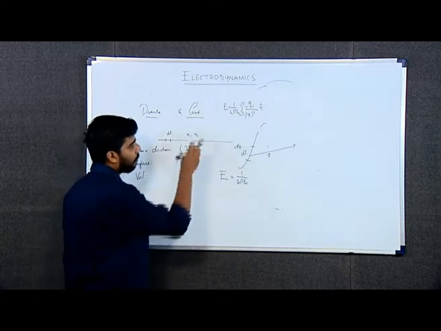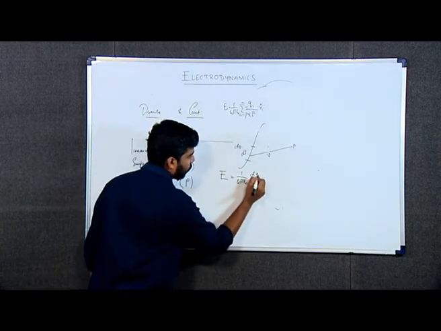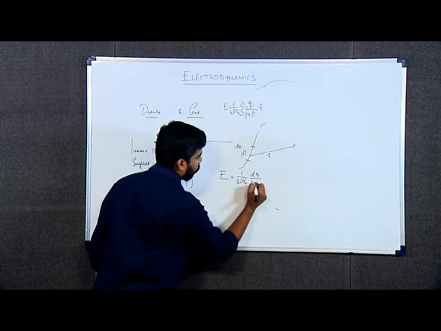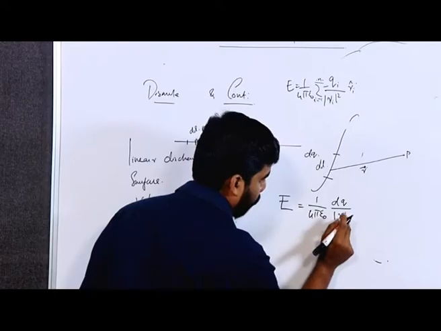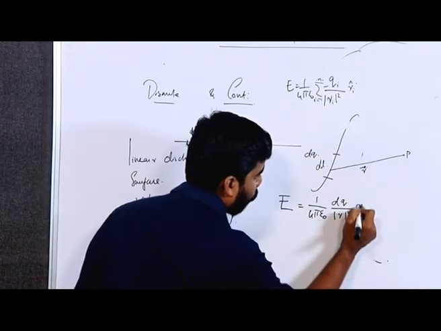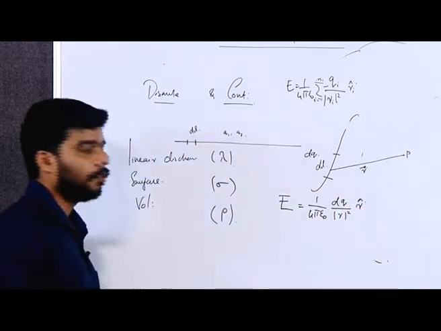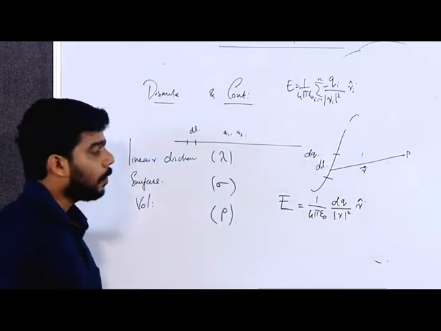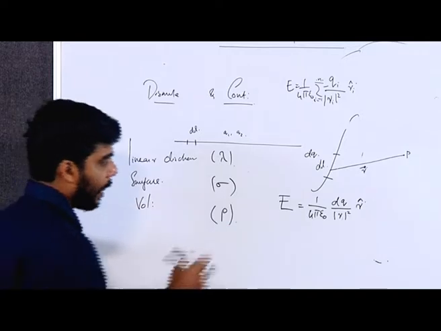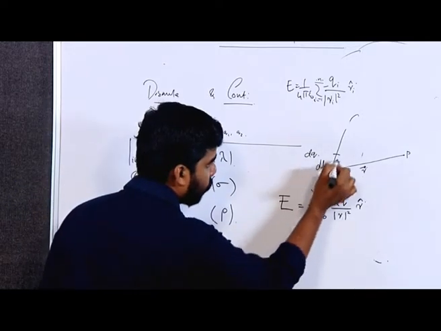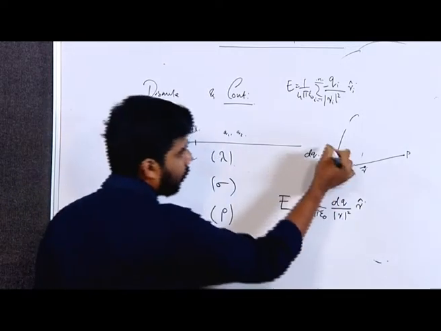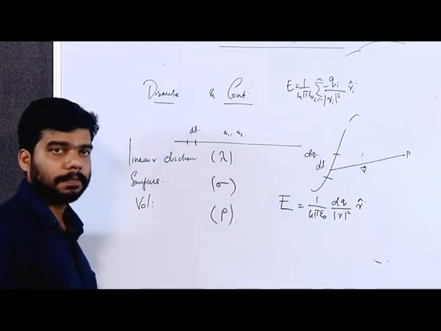Now it's a continuous value, so I can write it as dq by modulus of r square into r cap. So this is the electric field produced due to this small element dl, which contains dq amount of charge.